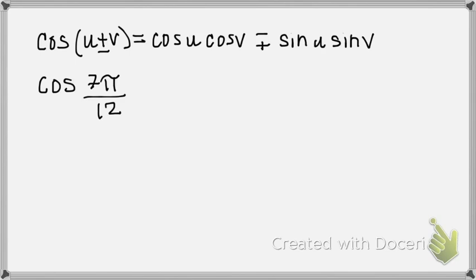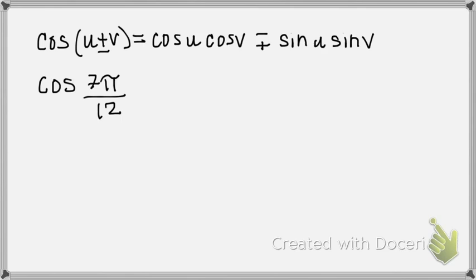I only know multiples of pi over 2, pi over 3, pi over 4, and pi over 6. I don't know multiples of pi over 12. So maybe I'm left with the calculator. But could I write this as a sum or difference of angles? Two angles that I do know.